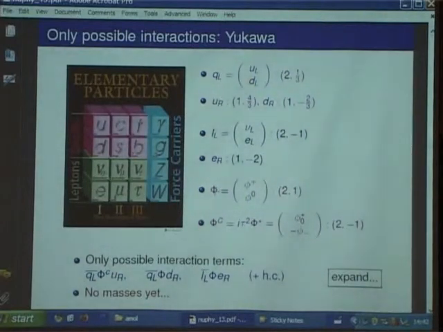Then we have Higgs, which is a doublet, phi plus and phi 0, which is doublet clearly under SU2. And Y is equal to 1. Higgs was given these charges, doublet and Y equal to 1, by Weinberg and Salam.